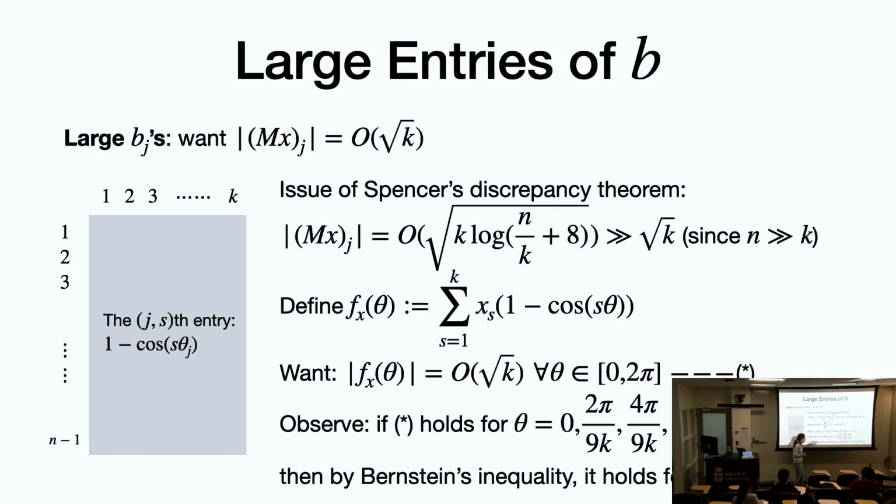If we can show that for these about 9k numbers we have this bound, then we have this bound for every theta from 0 to 2 pi. Which means that we could remove a lot of rows from this matrix M, and we get a smaller matrix which only has 9k rows and k columns, and we can apply Spencer's result again.